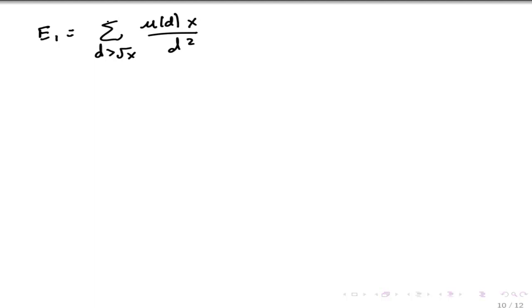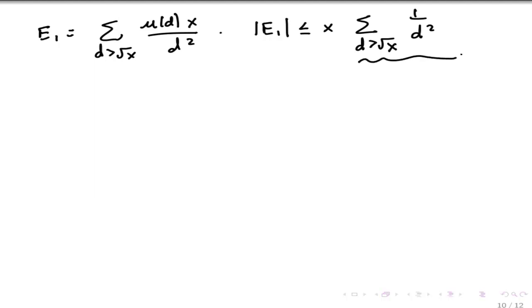So again, you can pull the x out, and we see that in absolute value, using the triangle inequality, it's less than or equal to x times the sum over d greater than root x of 1 over d squared, because mu of d again is less than or equal to 1. Okay, now let's use the integral comparison for this quantity here.